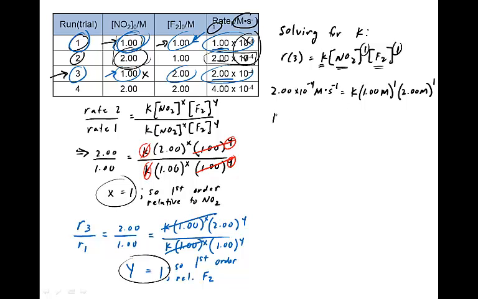So when you solve for k, it's going to be 2.00 times 10 to the negative 4th over 2.00 molar squared. Okay, because from this you're going to get 2.00 M times M, so it's going to be M squared.